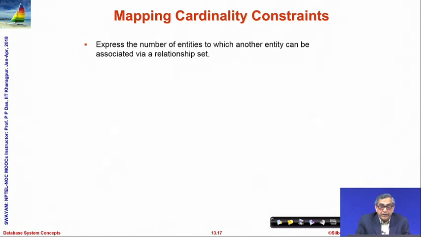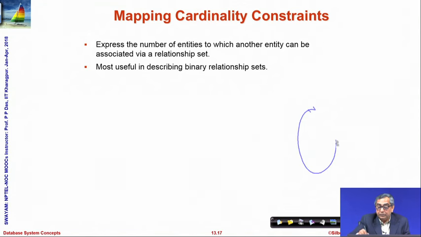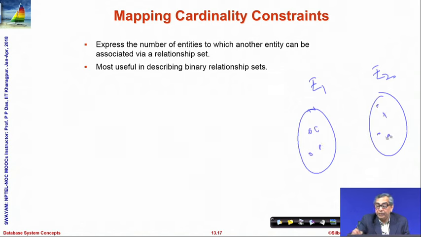There are constraints in terms of the cardinality of the relationship. Cardinality basically concerns the following: when I have an entity set E1 and an entity set E2, with different entities in them and different associations between them, the question is how many entities of one entity set are related to how many entities of the other entity set.